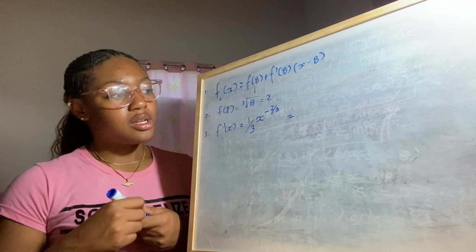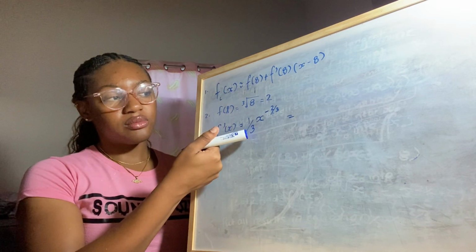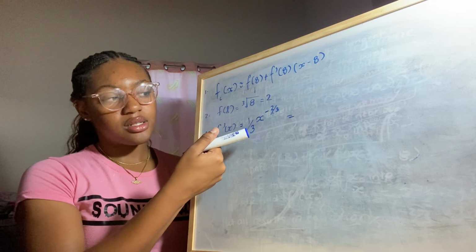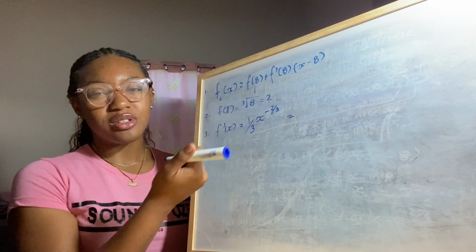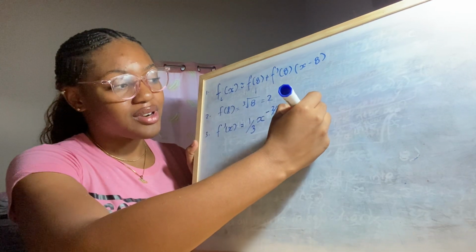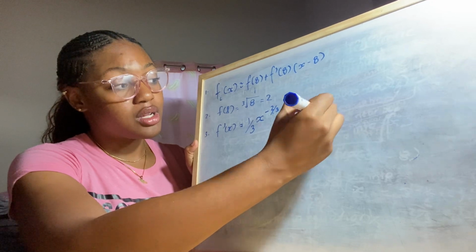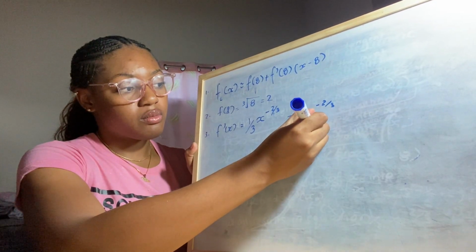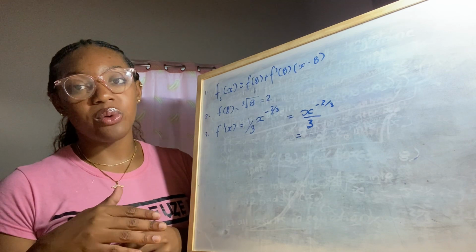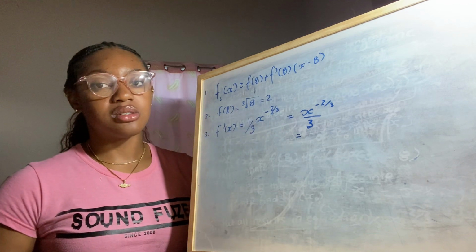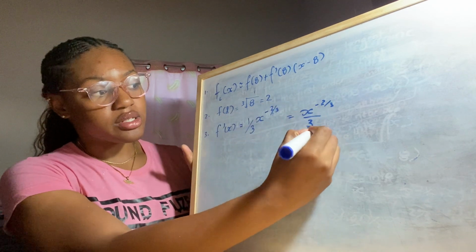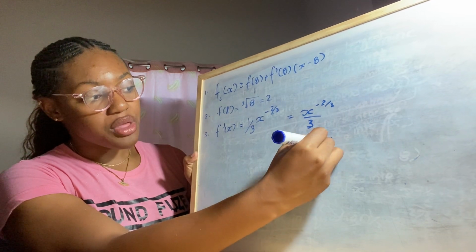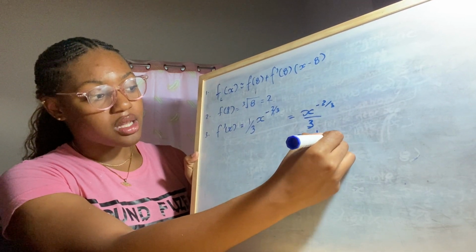All right. So first thing I'm going to do is that since this is being multiplied by 1/3, I could also write this as x to the minus 2/3 over 3. Since x is being raised to a negative power, I can have that in the denominator, x in the denominator basically. So I'm going to have 1 over 3x to the 2/3.